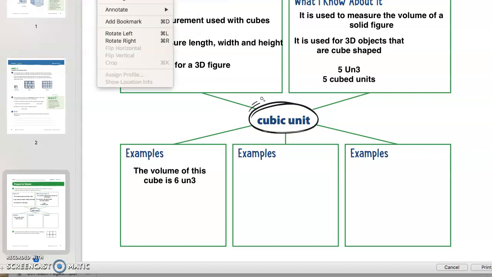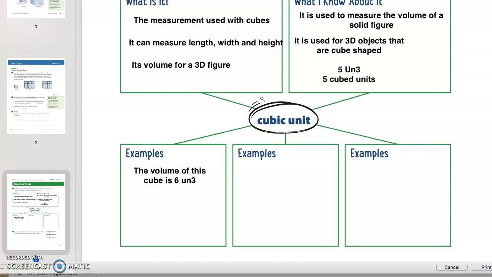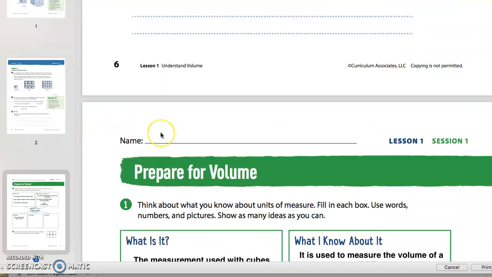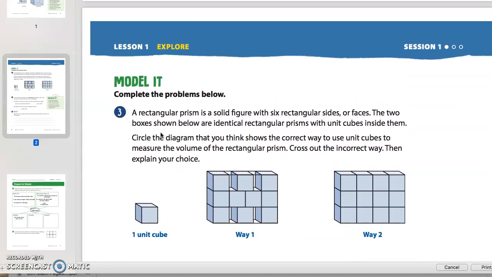For my tools, I can use this kind of a shape. It doesn't work as well, but you guys know how to draw a cube. I can also use from the example. I'm good with the screenshot. So if you look at the volume here, that's 1, 2, 3, 4, 5, 6, 7, 8, 9, 10, 11, 12.